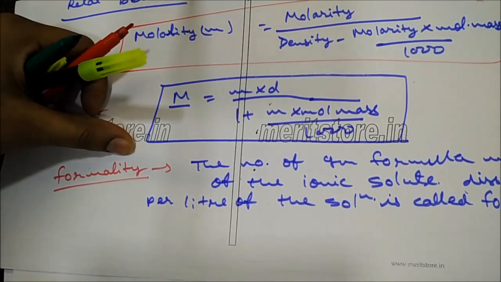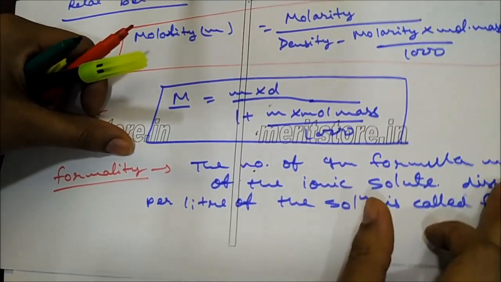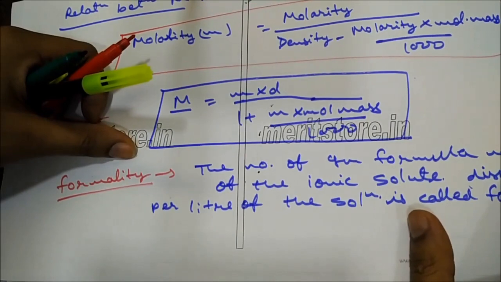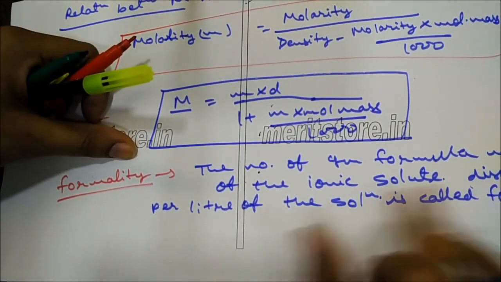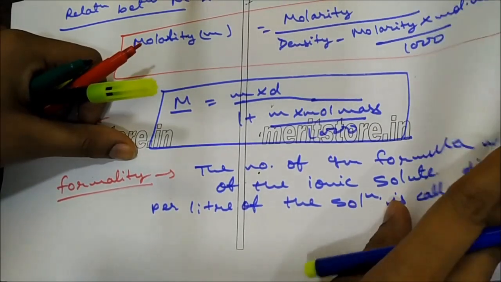So the formality can be calculated. If the solution is ionic, then the number of gram formula mass of the ionic solute dissolved per liter of the solution is called its formality.